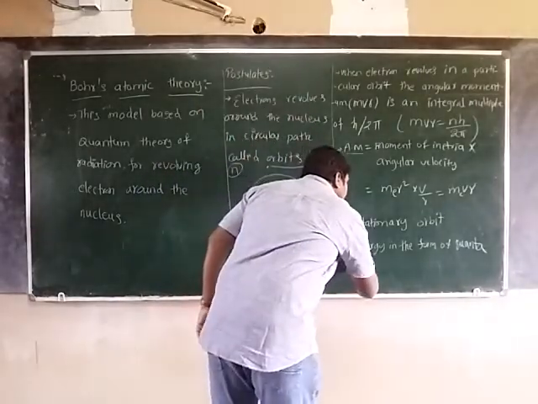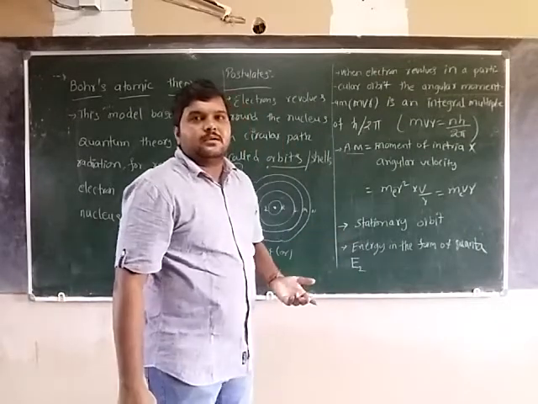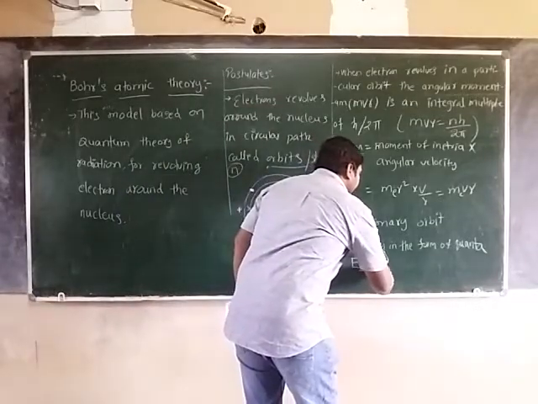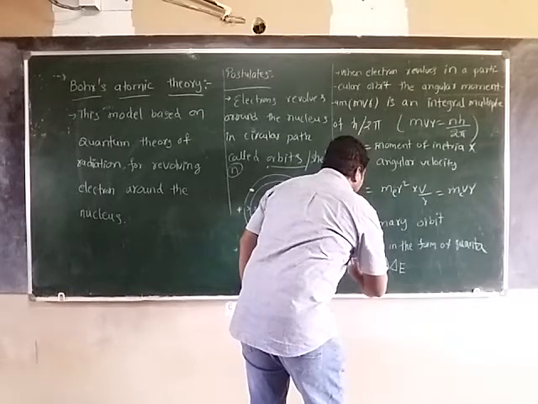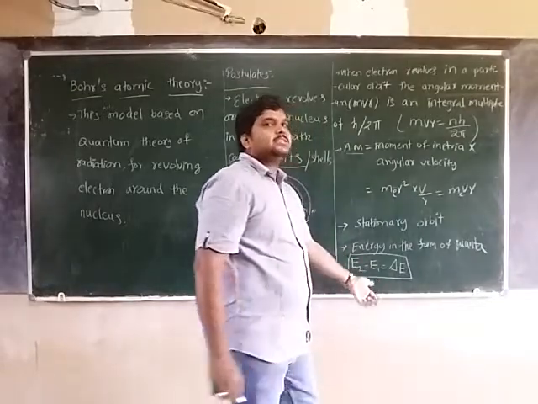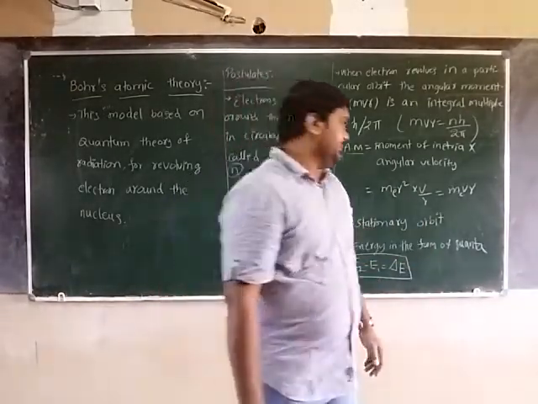The change in the energy, either absorbed or emitted, that is E2 minus E1 is equal to delta E. E2 is the energy of the electron at the higher orbit, E1 is the energy of the electron at the lower orbit. Is it clear?